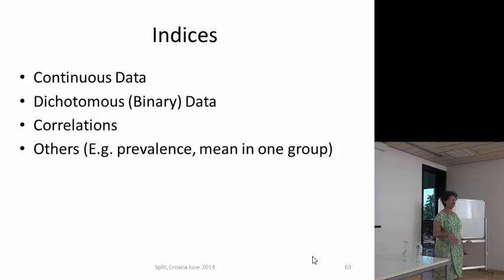If we have groups on the independent variable side, but a continuous outcome, then we would use a mean difference, either an unstandardized or a standardized mean difference.